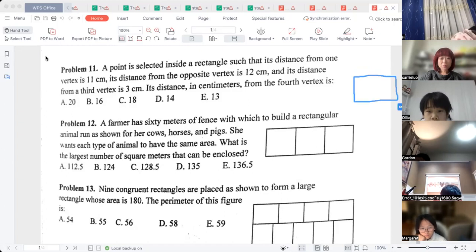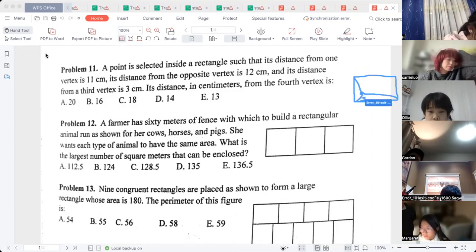Its distance from the opposite vertex is 12. So one of them is 11, the other one is 12, right? And the distance from the third vertex is 3. So obviously 11 squared plus 12 squared equals 3 squared plus x squared. So the fourth vertex distance is actually 16. Very easy. Okay, so number 12.